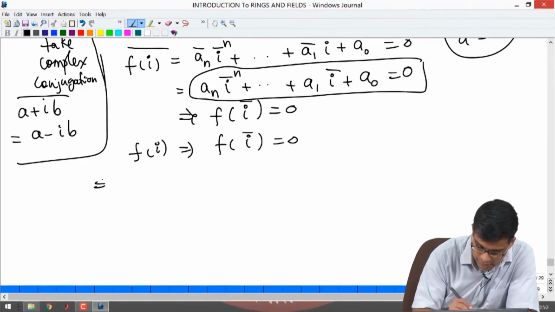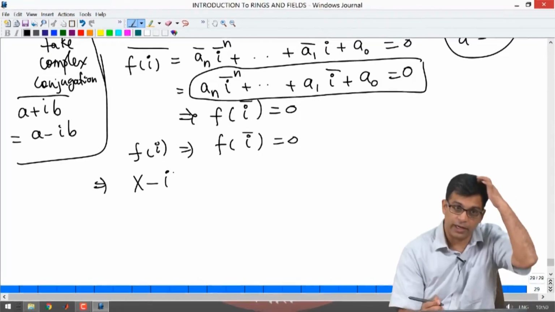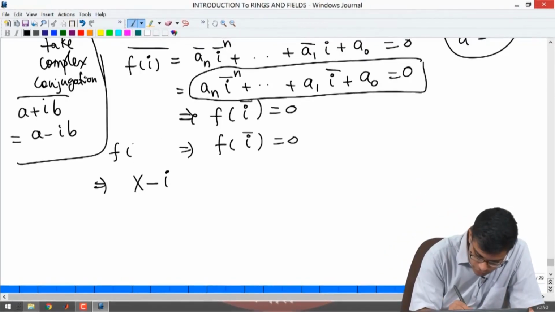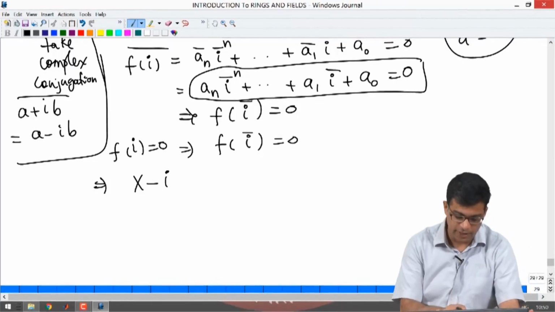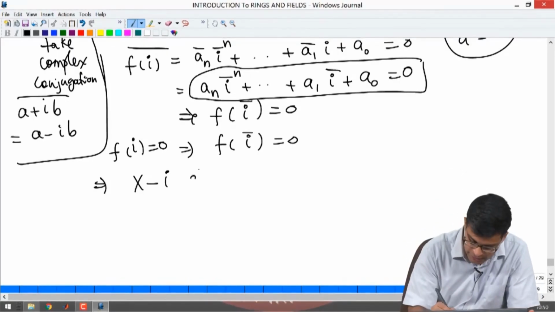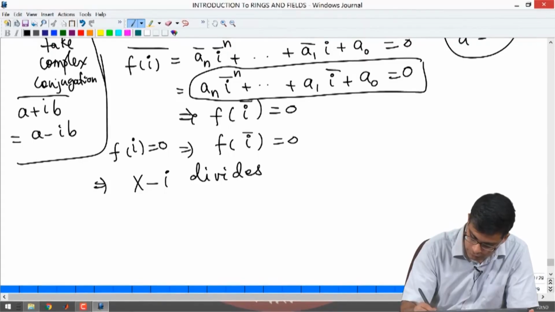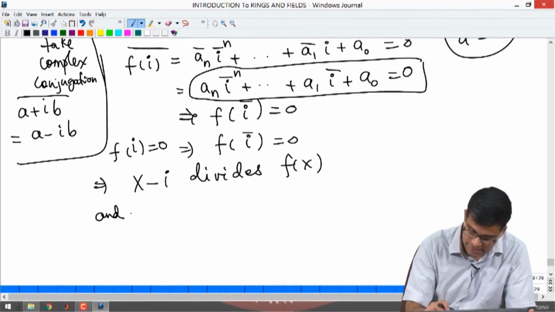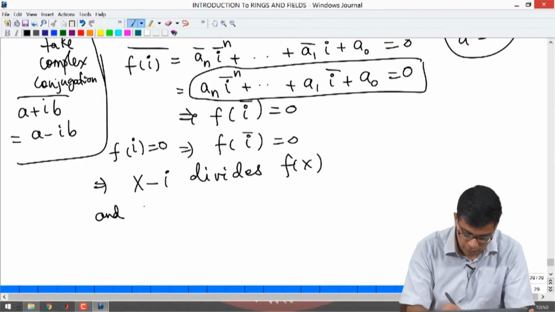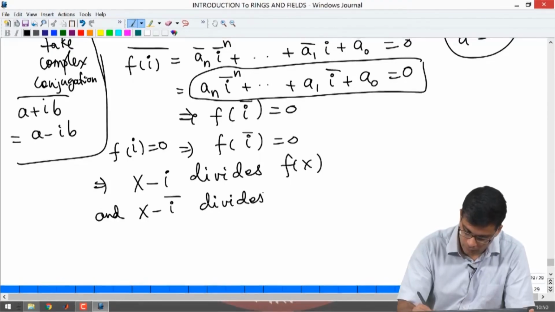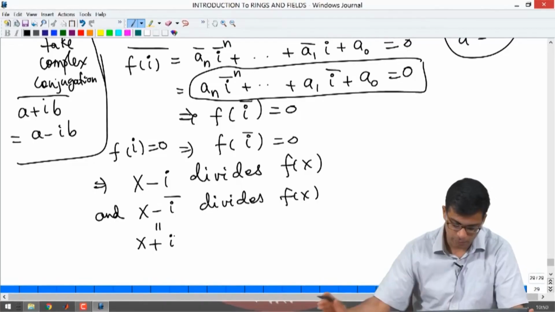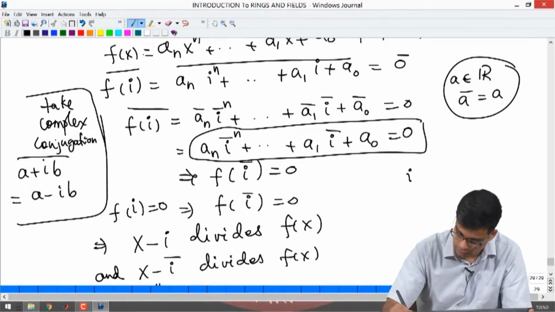but that means x minus i, in an earlier video we showed that, if f of i is 0, then x minus i divides f, and if f of i bar is 0, then x minus i bar also divides f of x, but x minus i bar is x plus i, because i bar is minus i.